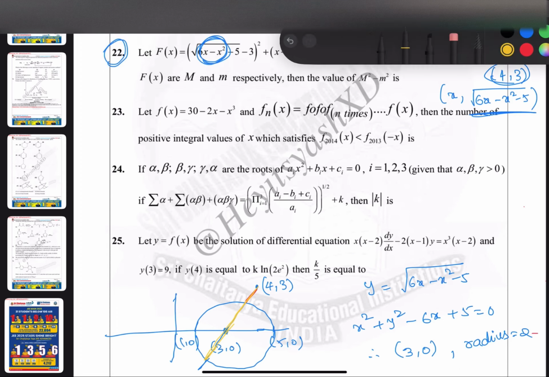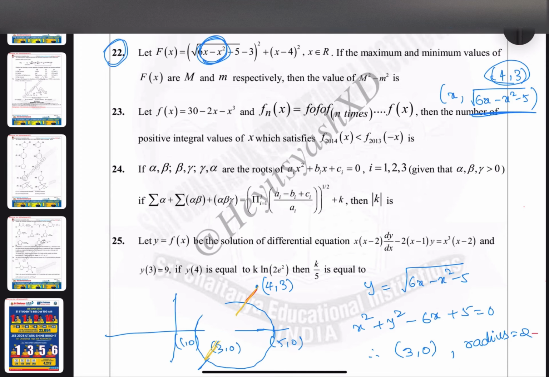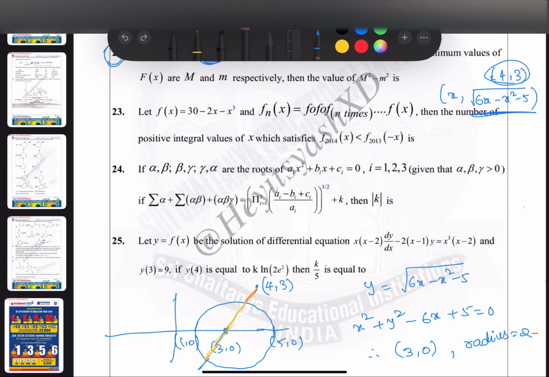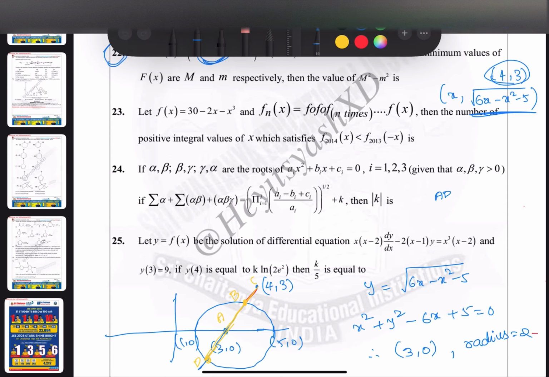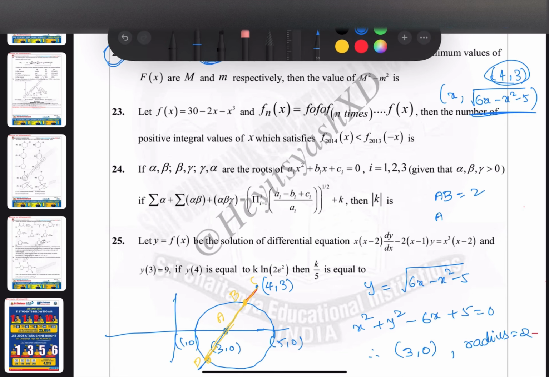Let us say this is A, this point is B, this point is C, and this point is D. Now we know AB is equal to 2, since that is the radius. We can find out AC using the distance formula. That is simply root of 10. Therefore BC, which is your shortest distance, will be root 10 minus 2.